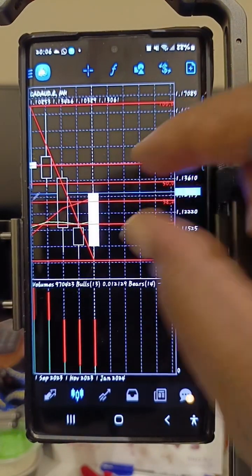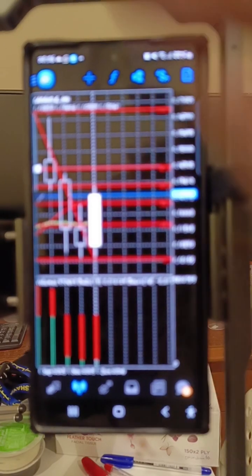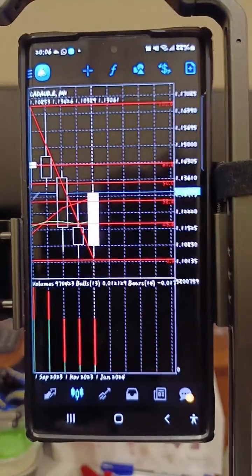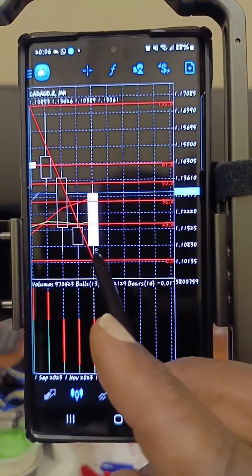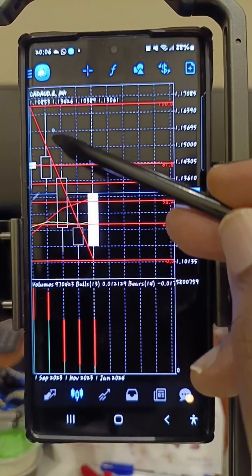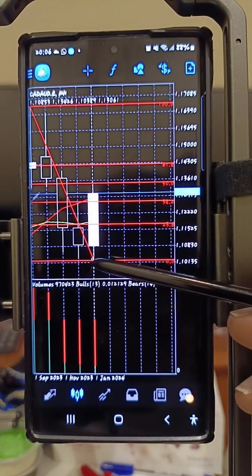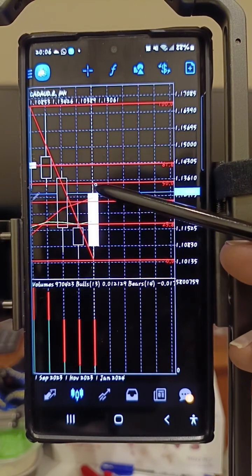For the last 4 months, hopefully you can see this, it has been sold off. And now for this month in January, it has given a strong indication.